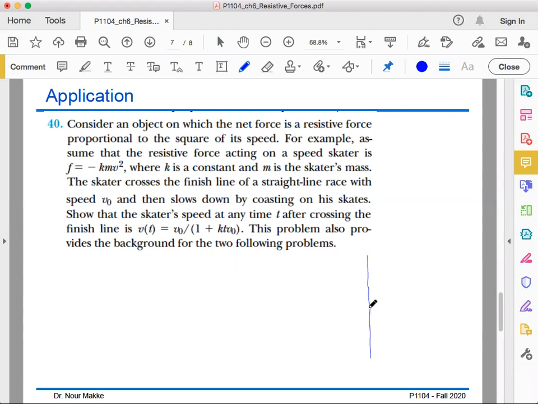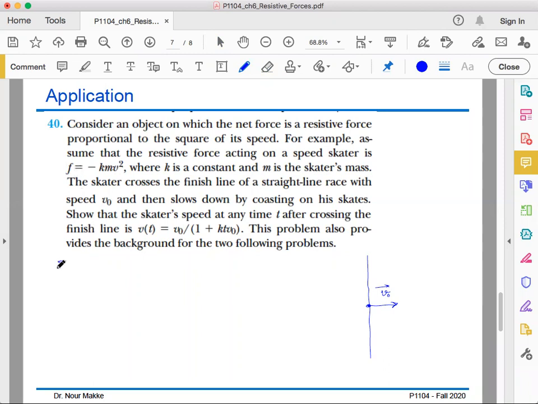So let's say that at the time it enters this part of the motion where you cross the finish line, it's given by V0, right? And then as long as you go after the finish line, the skater slows down. So it slows down, and it's actually subject to this force, the resistive force.